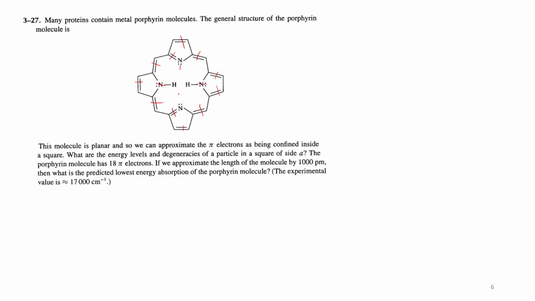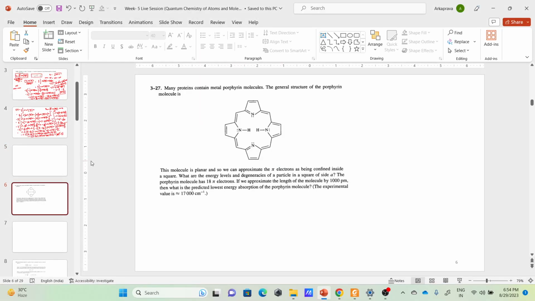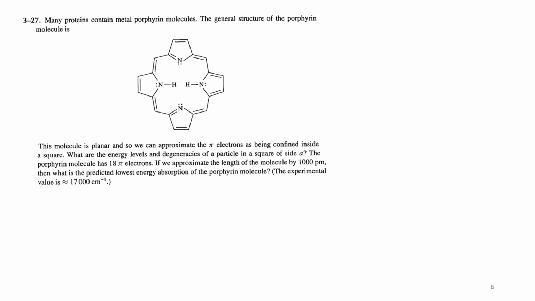So I guess 30 pi electrons you can say. But actually the plane is this one. I'll just quickly remove those points. I'll just show you where the 18 pi electrons are.